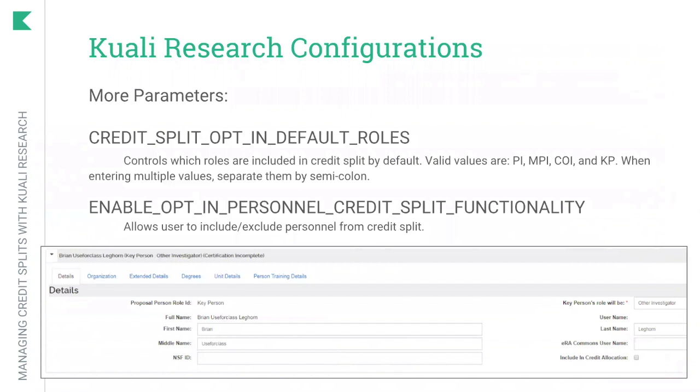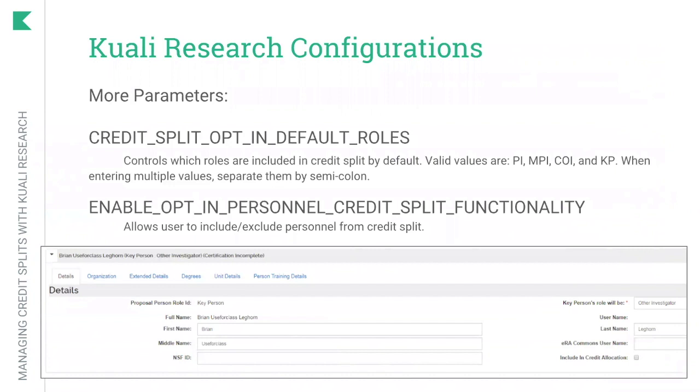The credit split opt-in on default roles allows users to say what roles in proposal development specifically, and I believe, and Susan, please correct me if I'm wrong, a individual user will automatically be added to the credit split table. And so the valid values, as I have listed here, are PI, multiple PI, co-I, and key person.